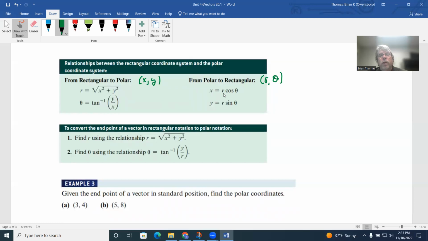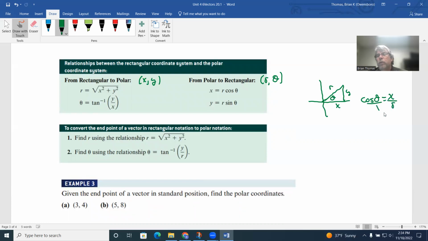To find the x coordinate, we multiply r times cosine of theta. So in a rectangular coordinate system, if I draw a right triangle, and this is the angle, notice that x is the adjacent side and y is the opposite side, and this would be your r. If I do the cosine of theta, the cosine of theta is going to be x over r.